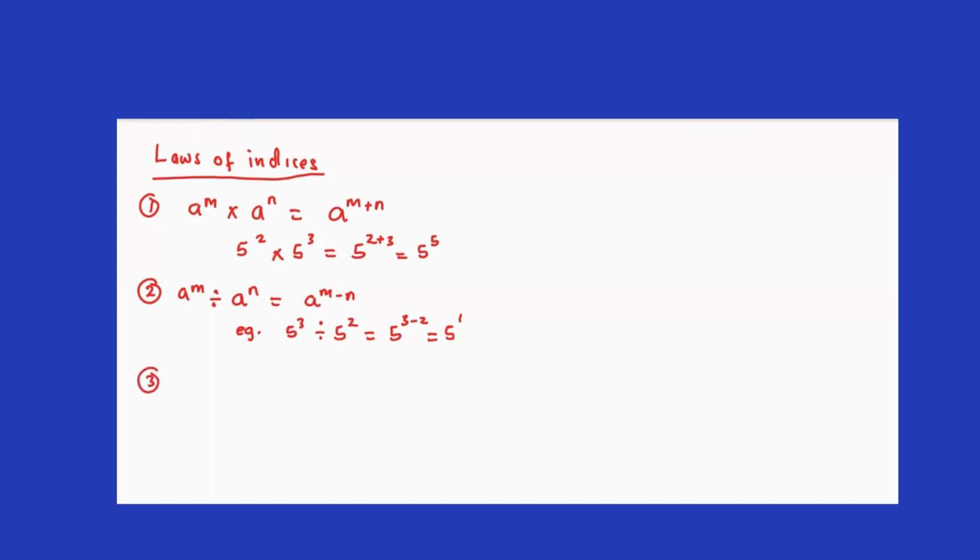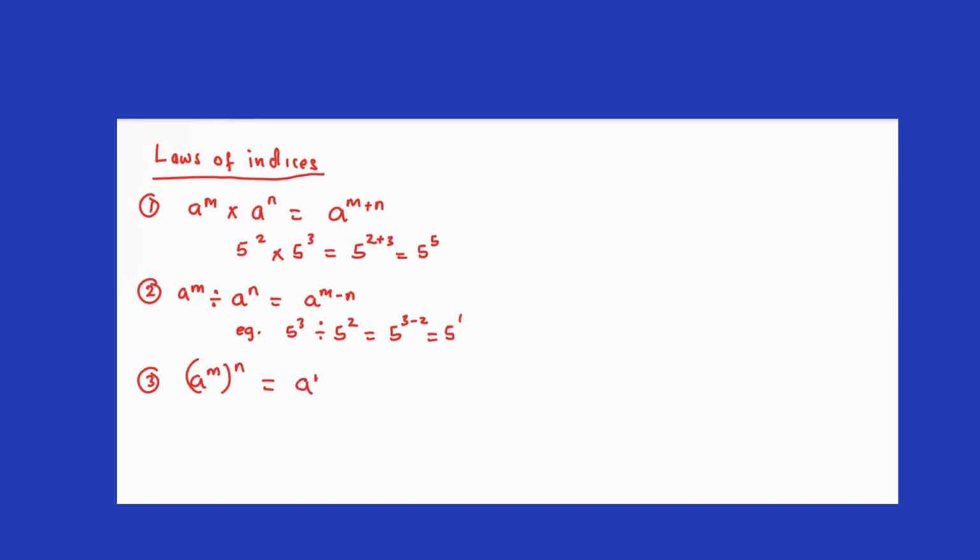Law number 3, and actually these 3 laws are very basic, and these are the laws that many students know. A raised to power m, everything raised to power n. This is what we call the power law, or multiplication of the powers.